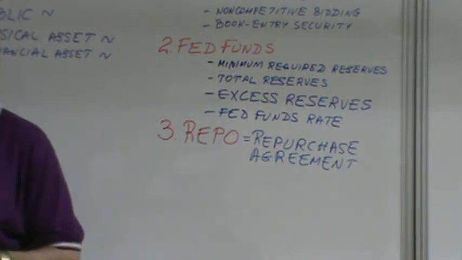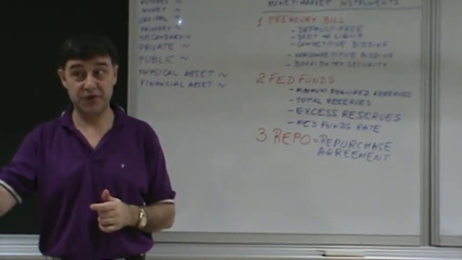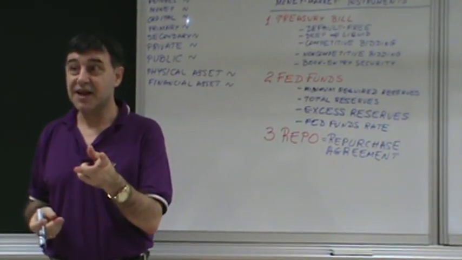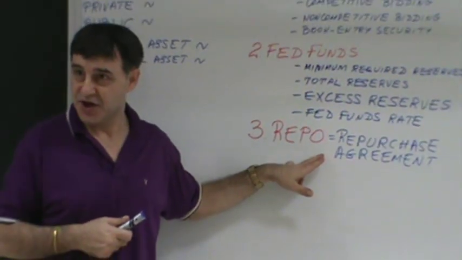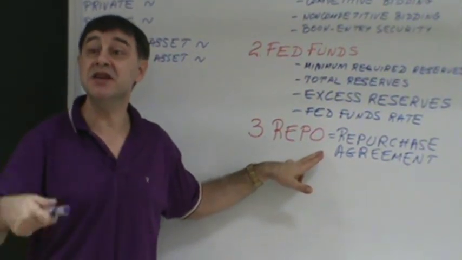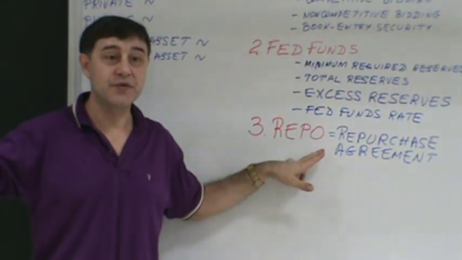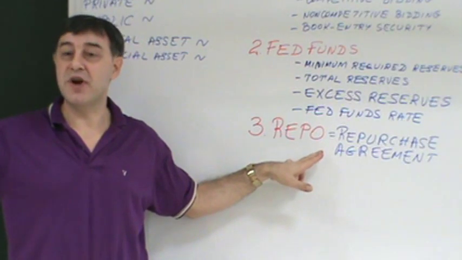And a repurchase agreement has a definition and an interpretation. The correct legal definition is the sale of securities with an immediate agreement to buy them back on a future date at a specified price.